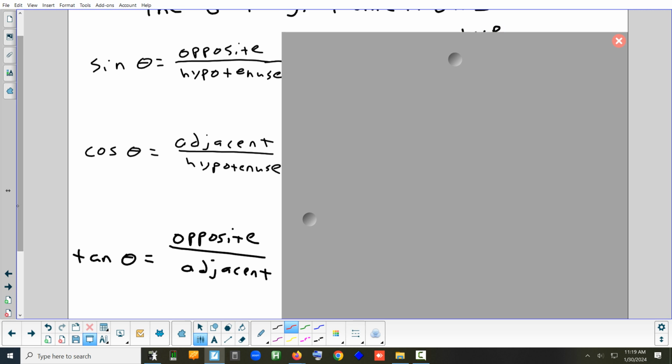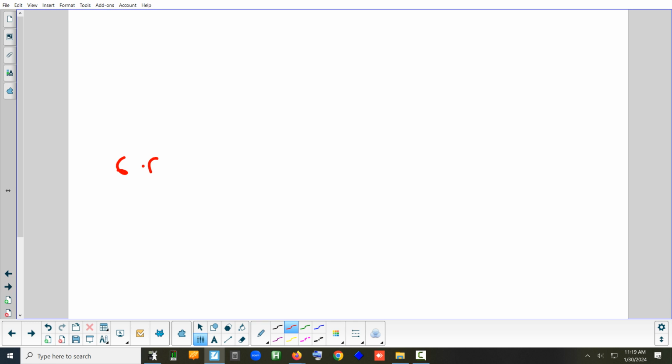Now, think about what happens if you divide two lengths. If you take 6 feet and you divide by 7 feet, what happens? Do the feet cancel out?